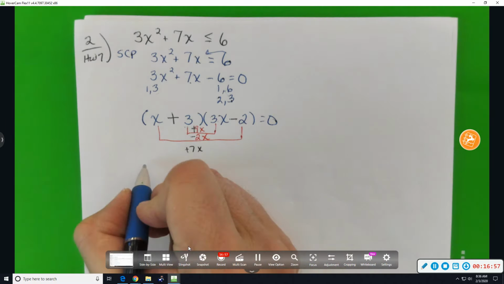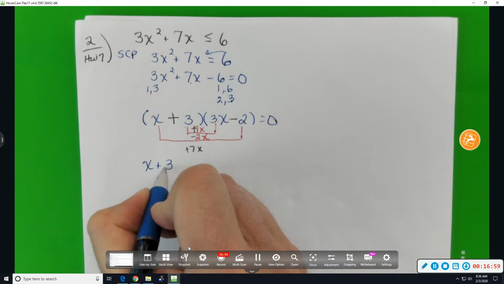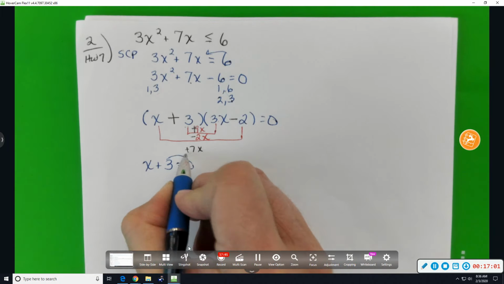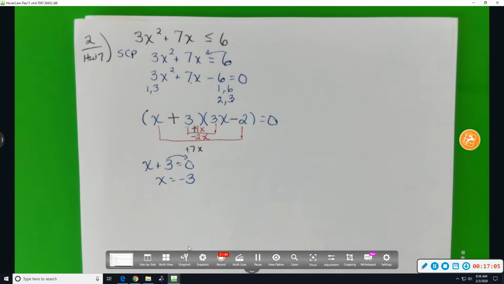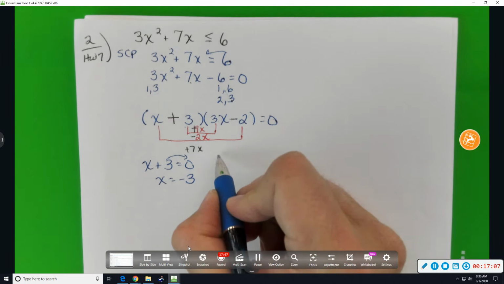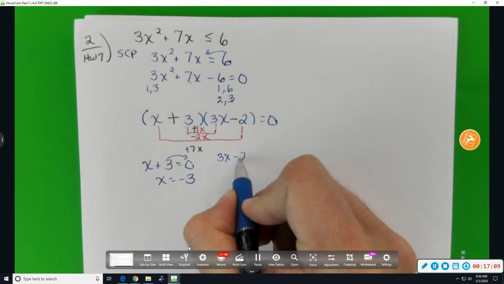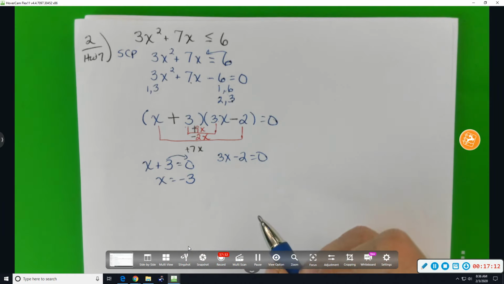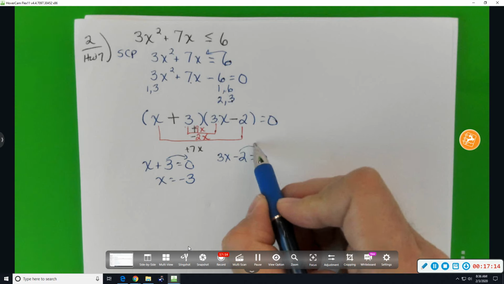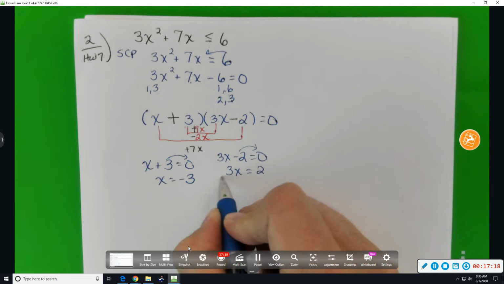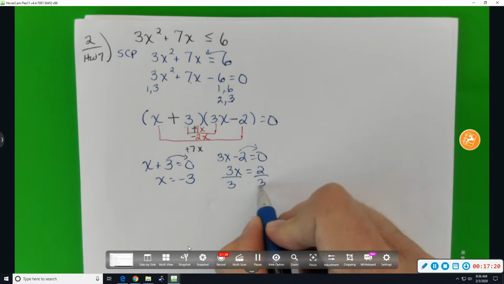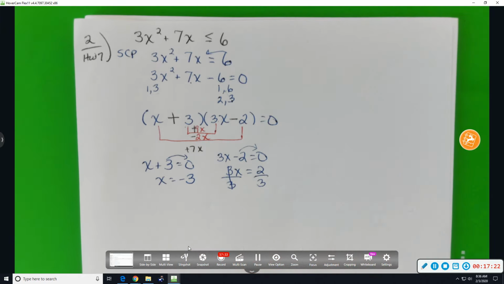Now I'll set each one of these factors to 0, and we get a negative 3, and I think this one's going to be a fraction, isn't it? Move the 2 over, and divide by 3, 2 over 3. Are y'all caught up with me?